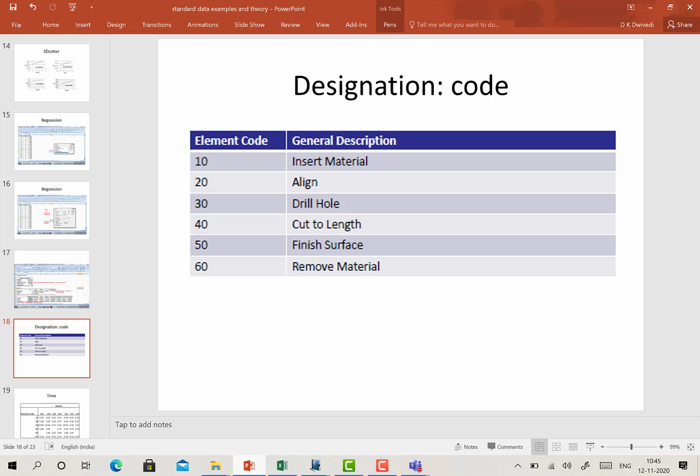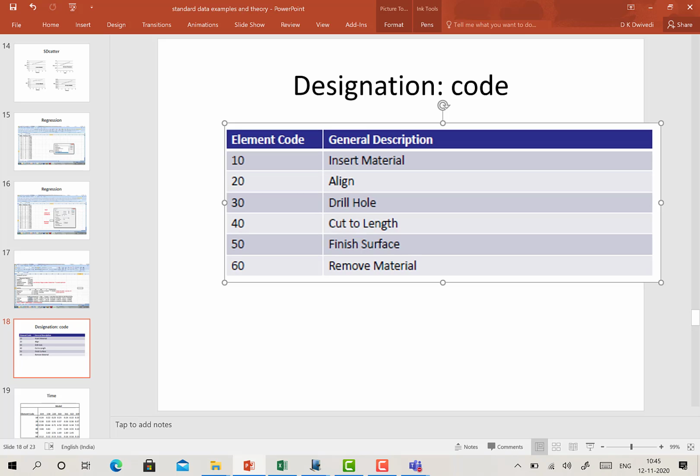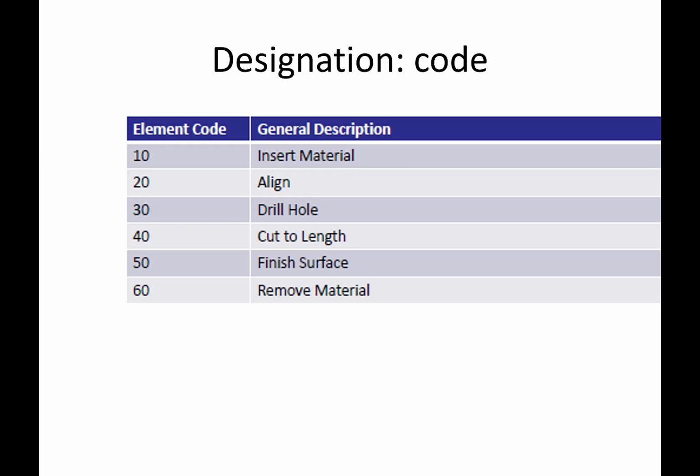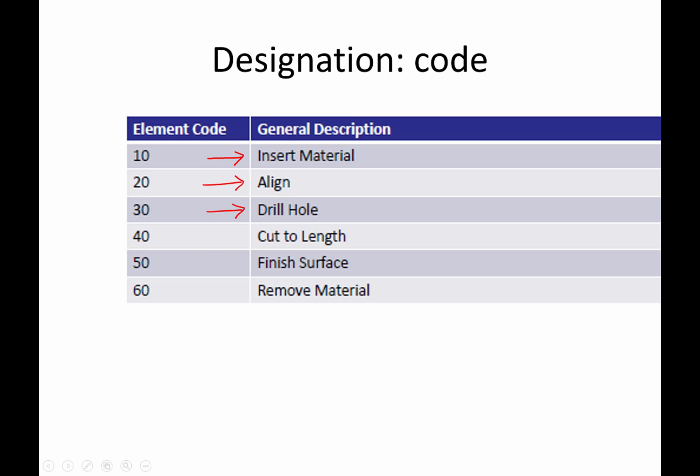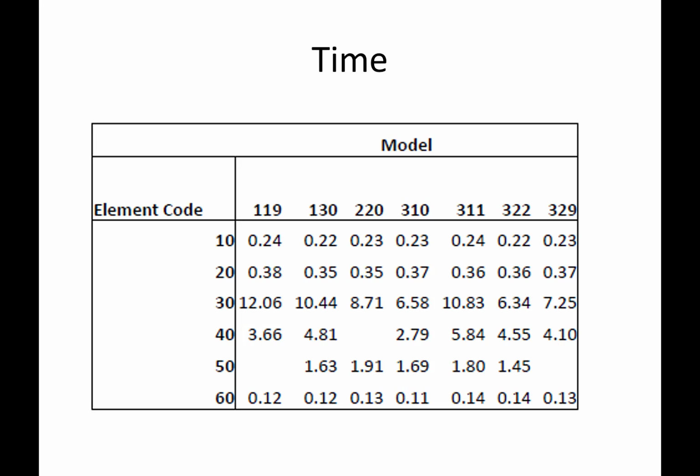Say for one particular kind of operation, elemental code 10 is to insert the material or hold the material on the machine. Then 20 is align the material, then drill the hole, then cut the job to the desired length, then finish the job and then remove it.